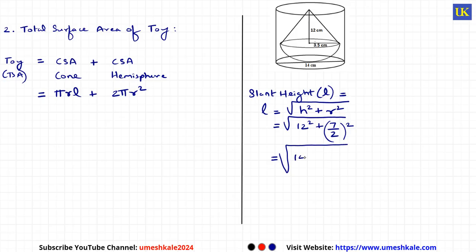So 144 plus 7 sevens are 49 upon 2 twos are 4. Again we will find the LCM, so here into 4, here into 1.